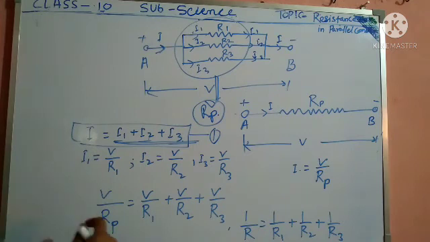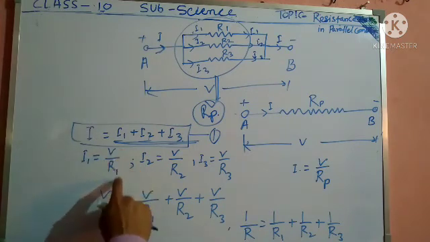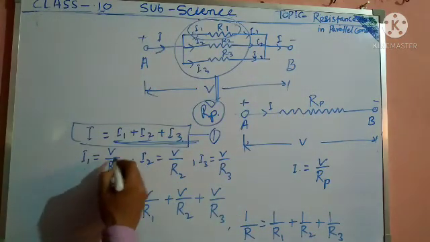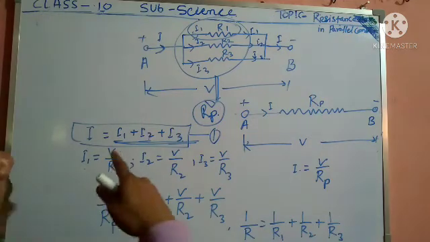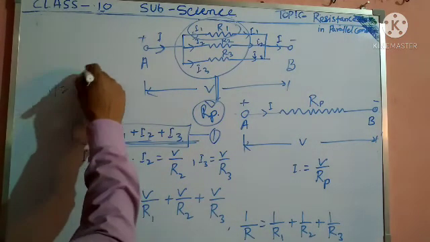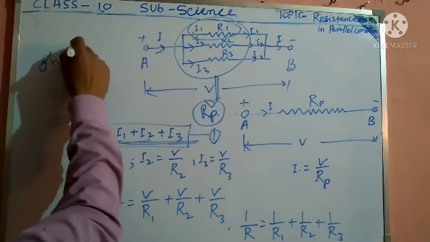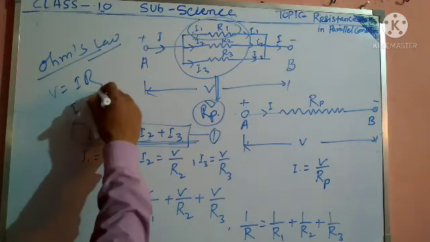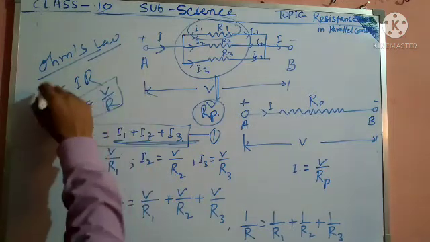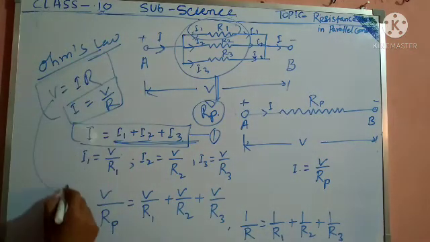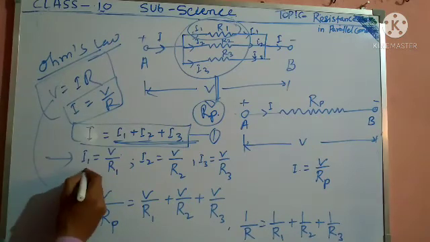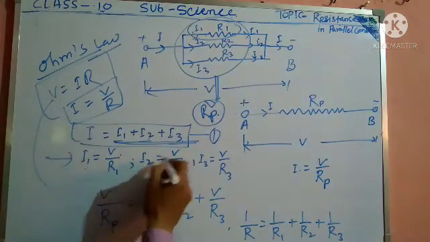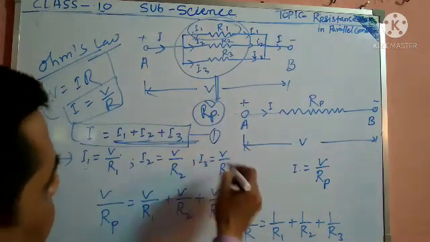So I1 is equal to V by R1 for that particular resistance. I1 is equal to V by R1, which comes from Ohm's law. V is equal to I into R from Ohm's law, so I is equal to V by R. Using this formula, I1 is V by R1, I2 is V by R2, I3 is V by R3.